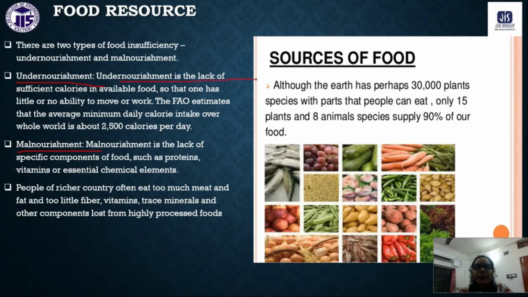Undernourishment is a lack of sufficient calories in available food, where there is a lack of food availability. And malnourishment is a lack of specific components of food like protein, vitamins, minerals, essential chemical elements. That is called malnourishment.